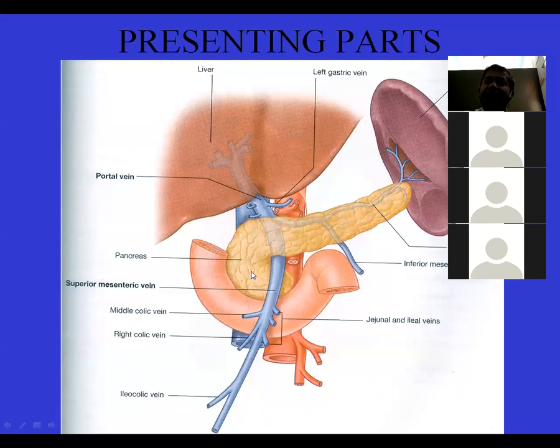The head of the pancreas is located in the concavity of the duodenum, and the tail of the pancreas is mainly related with the spleen.